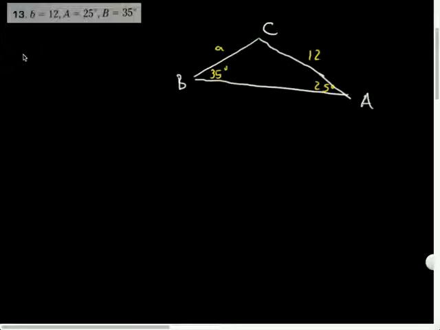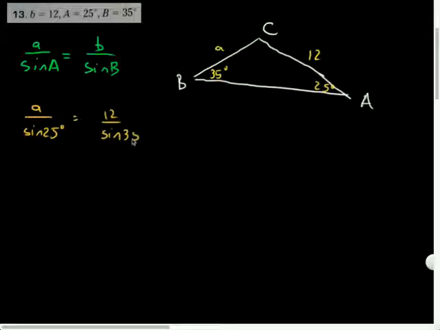So since I'm looking for a side, what I'm going to do is do a over sine A equals little b over sine of big B. All right, so that's kind of the law of sines setup that we had. There's a bunch of ways you could vary it. You could flip it. You could relate to C's instead of B's or whatever happened to be convenient at the time. So I'm going to say that a over sine of 25 degrees is equal to 12 over sine of 35 degrees.